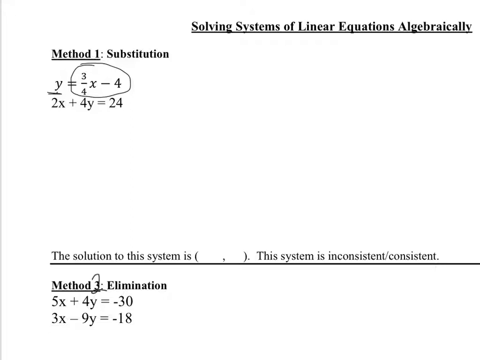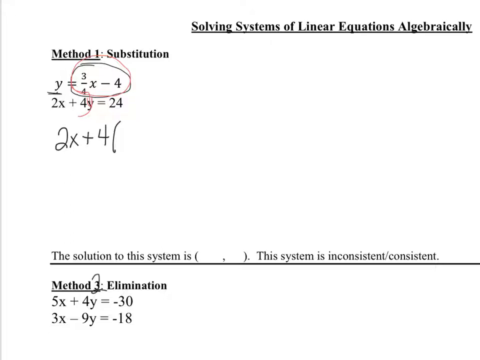Okay, but I don't. But I do know that y is 3/4 x minus 4. So what I'm going to do is take it and plug it in for this y. There's a y right here, so this whole mess is going to be put right there. So we just simply rewrite it: 2x plus 4y.